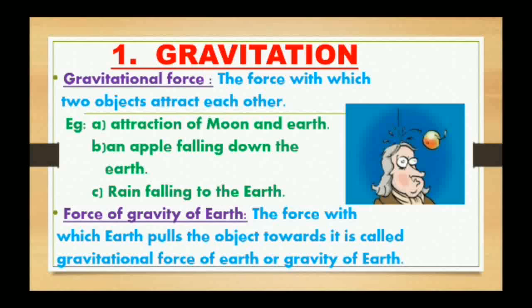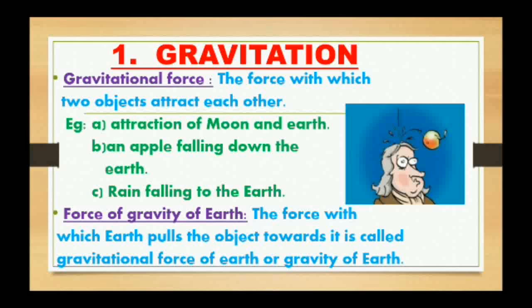Gravitational force. The force with which two objects attract each other is known as gravitational force. Now students, every object in this universe attracts every other object, and they do so with a force, such as the earth attracts the moon, an apple falls to the earth, that is earth will attract an apple, and thus it falls to the ground.